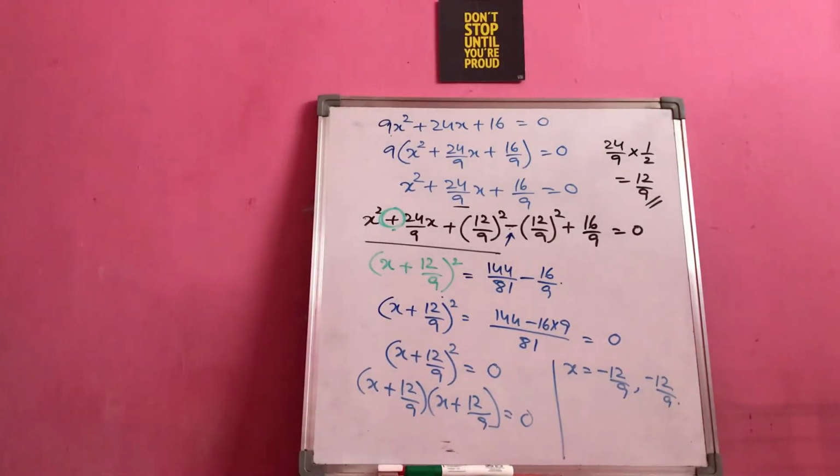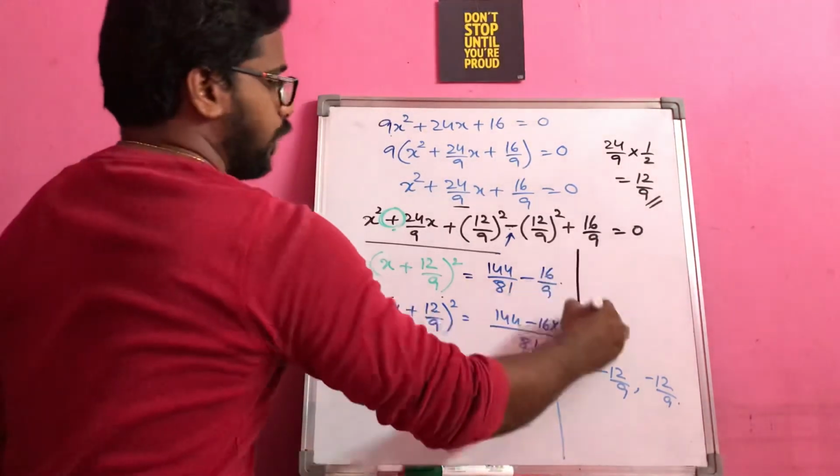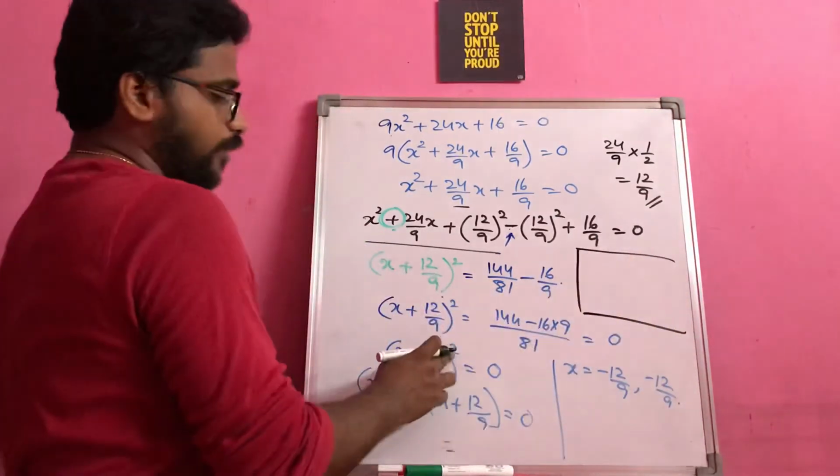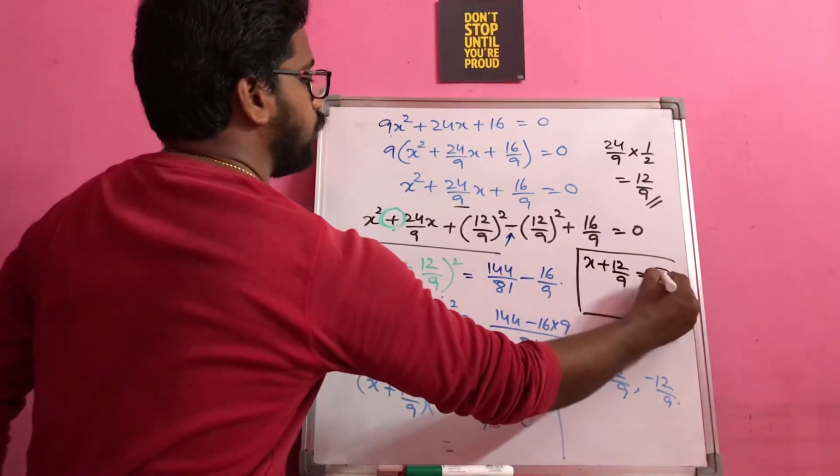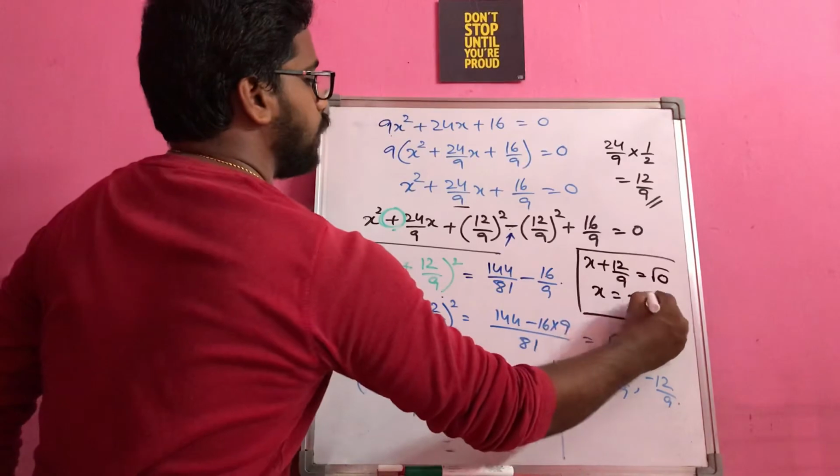Now you may get a doubt here. Why are we writing it as (x + 12/9) into (x + 12/9) instead of taking the square to the other side? That means, why can't we send the square root to the other side and write x + 12/9 = √0, so x = −12/9?